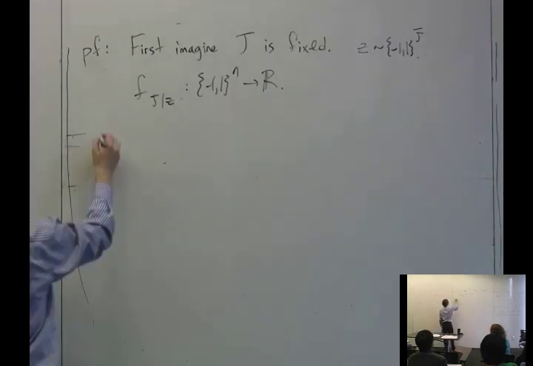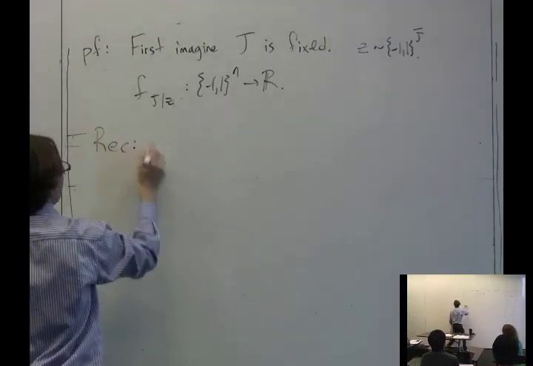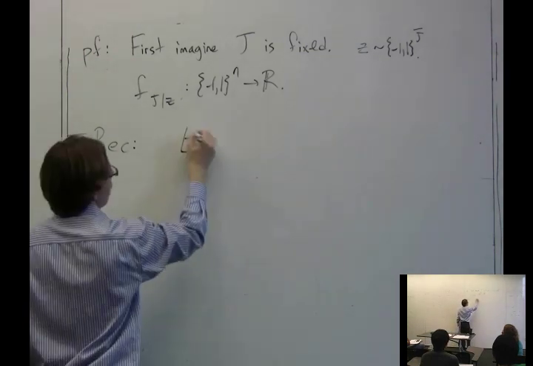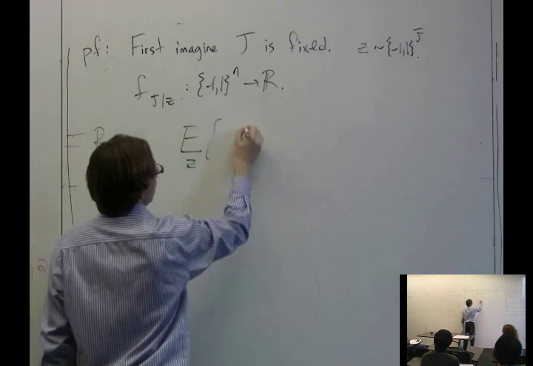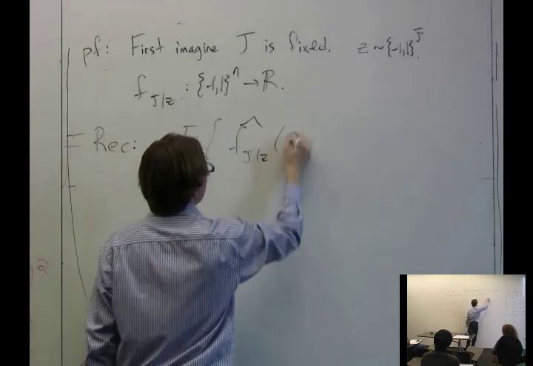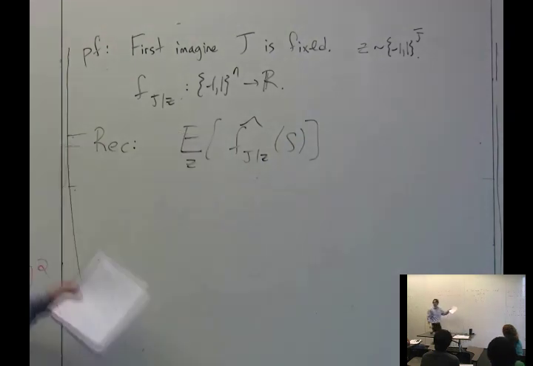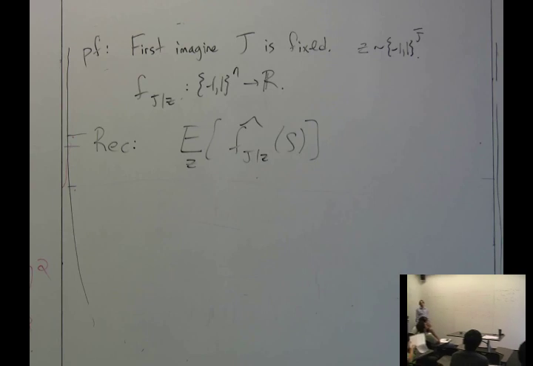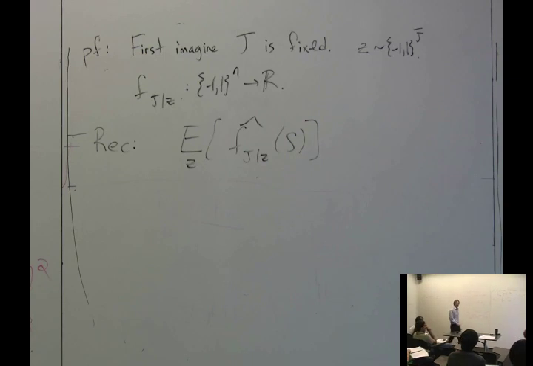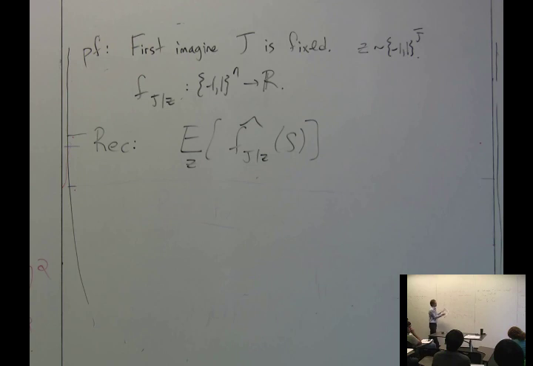If you recall from last time, let's start with just this quantity: the expected value over just the choice of Z of f j bar z hat. Does anybody remember what this is? Yeah, it's f hat s, just the original Fourier coefficient.